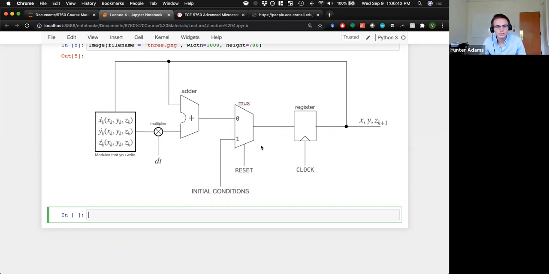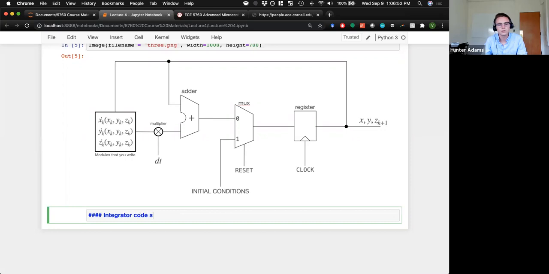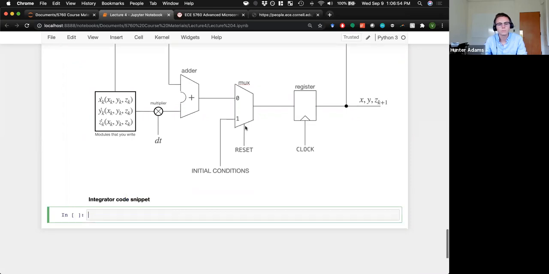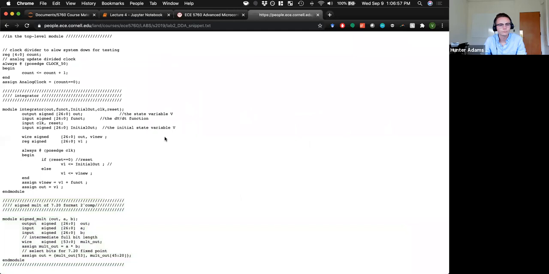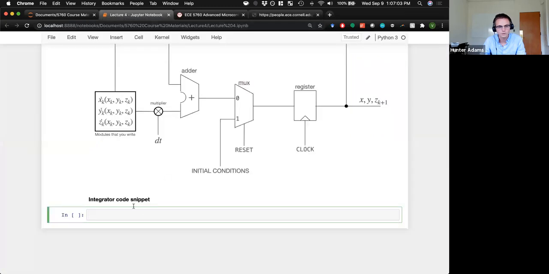I want to take a look at the integrator code snippet in the Lab 1 webpage that I thought we could talk through. This is a very simple example of an integrator, but it's the basic structure that we are building in Lab 1.